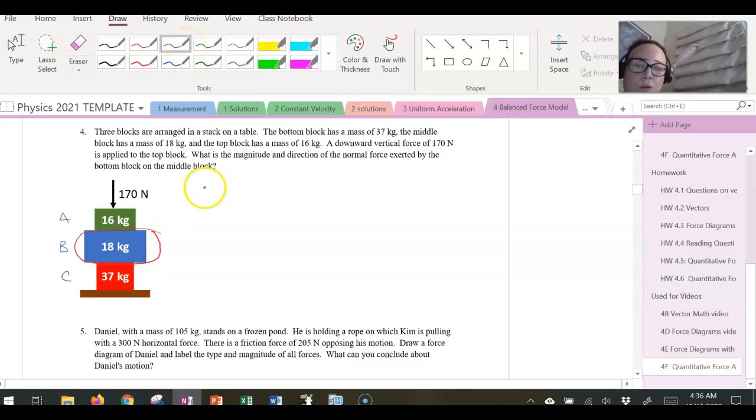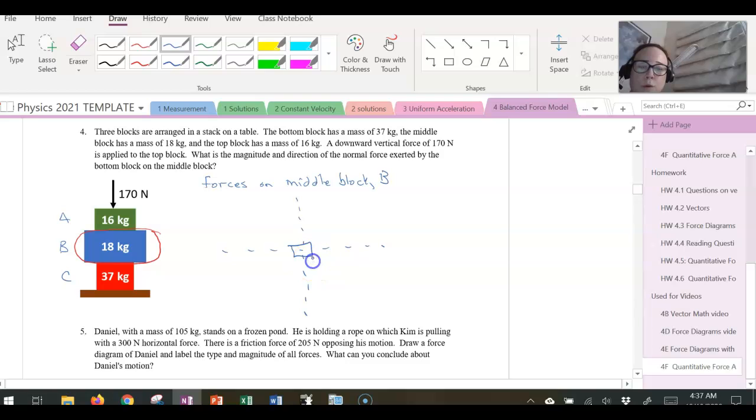So they're asking me about a force that's being exerted on that middle block. And so I need to do a force diagram for the middle block, which I'm calling B. This is the only force diagram where I'm going to see the forces exerted on B. Okay? So let's see here.